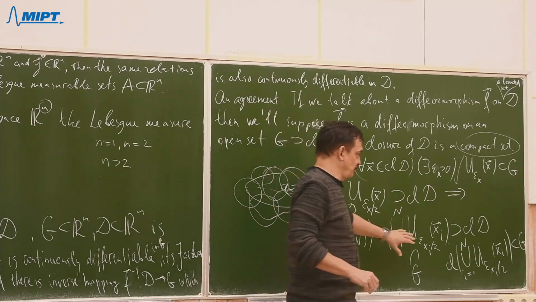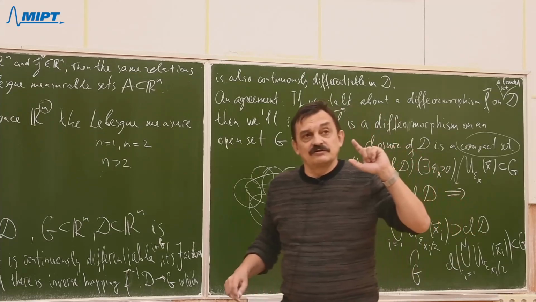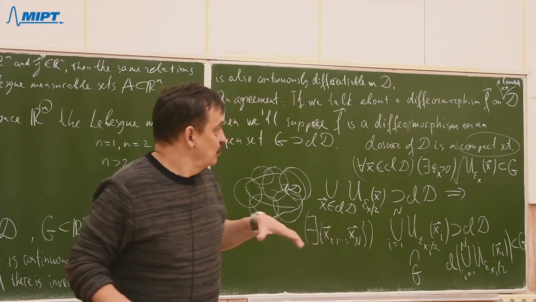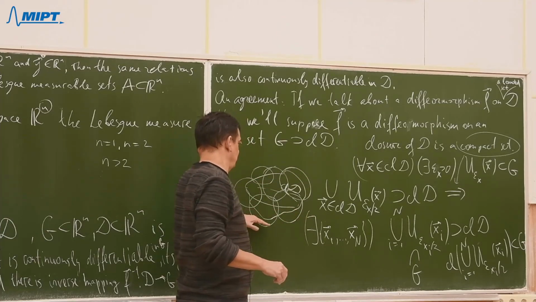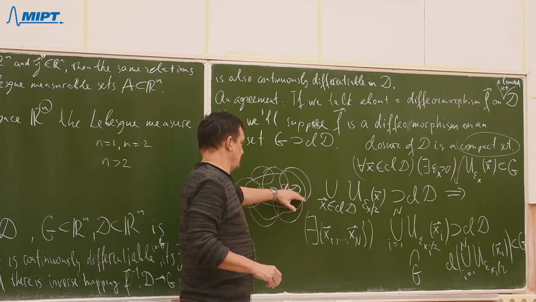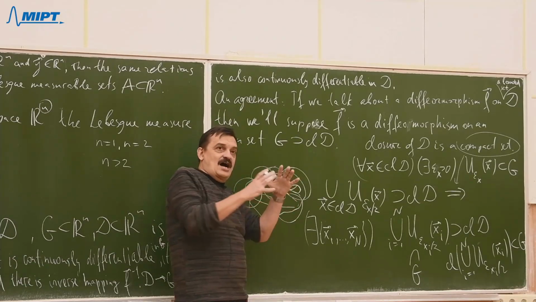Hence, it is a diffeomorphism on this compact set. So then, in the future, it means I had our set D, and now I can enlarge it a little bit.